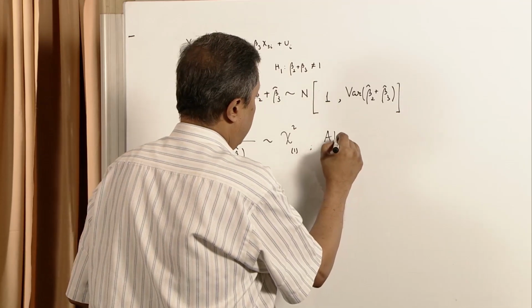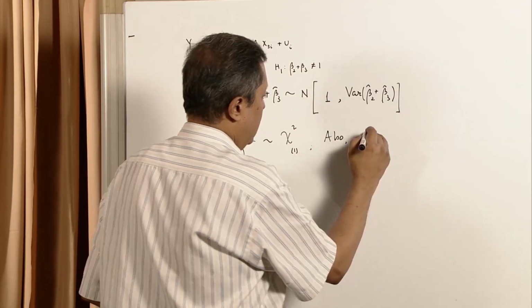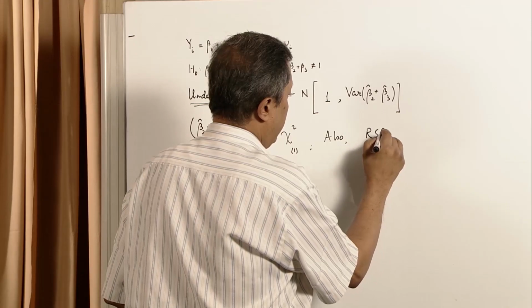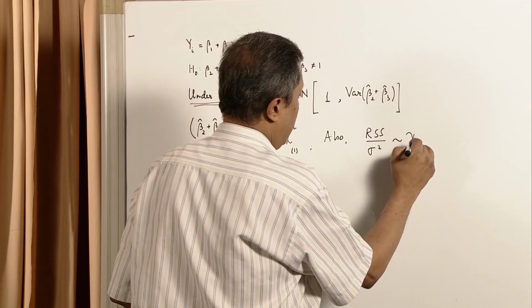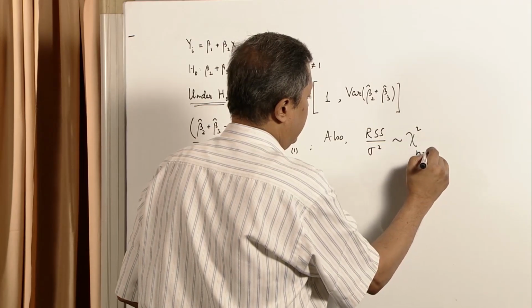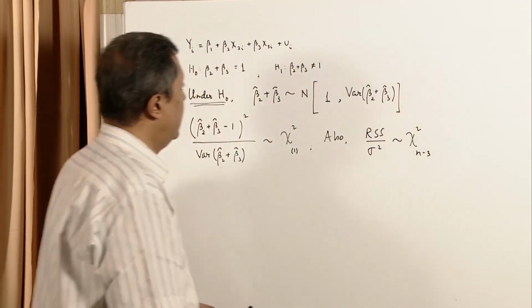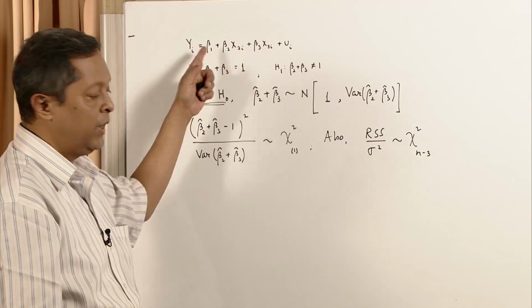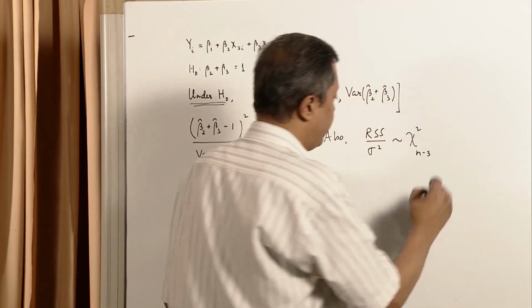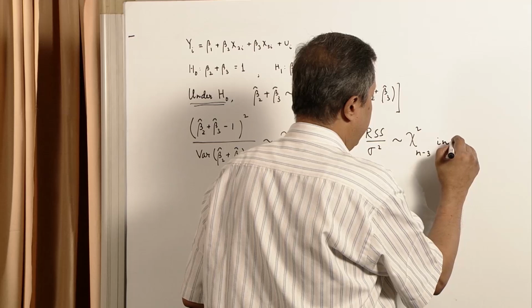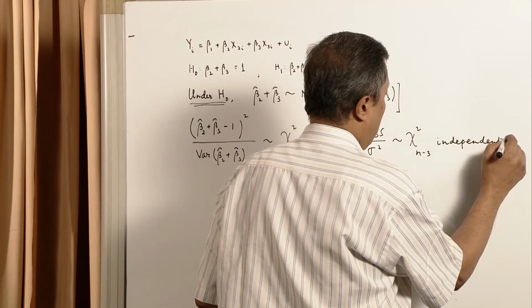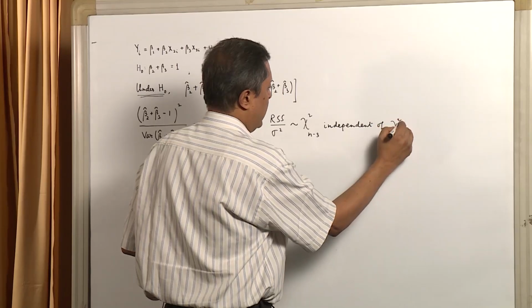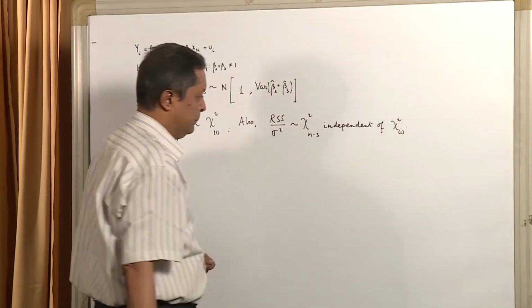Also, as we have seen earlier, the residual sum of squares divided by sigma square follows a chi-square with n minus 3 degrees of freedom, because here it is a 3 variable model, independent of the chi-square 1 developed earlier.